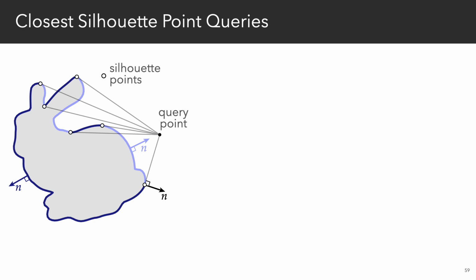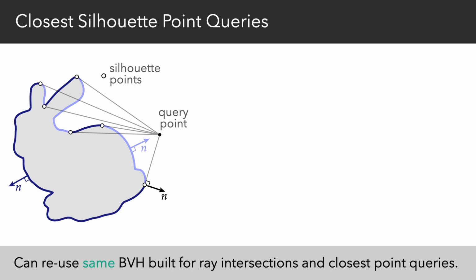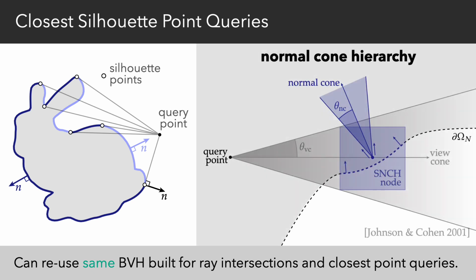Now, this might sound a little complicated, but we can actually compute the closest silhouette point efficiently using the same BVH we're already building for ray intersections and closest point queries. Basically, we just need to store a little extra information about normals that encode the orientation of the boundary, which we do by associating a cone with each bounding box in the hierarchy. Some of you might recognize this as the light BVH data structure used in ray tracers for next event estimation in scenes with many lights.